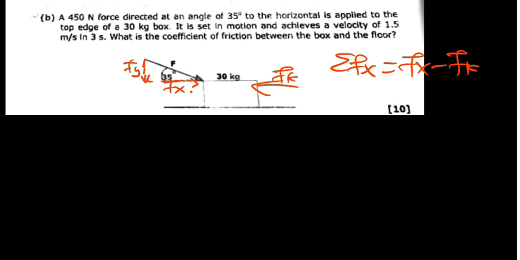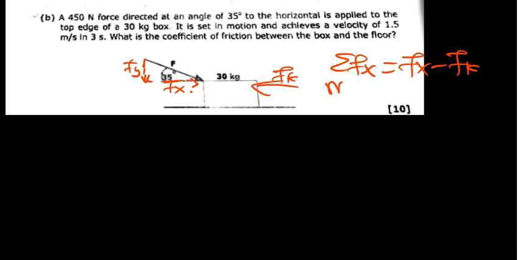According to Newton's second law, we need first to find the acceleration. Once we find the acceleration, it is going to help us find the coefficient of kinetic friction. But first, let's come up with this formula.